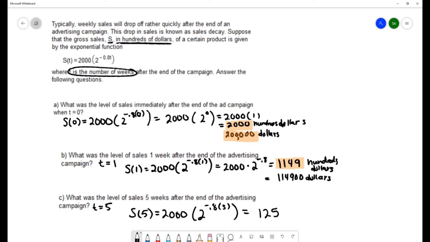So this is in hundreds of dollars. So we get $12,500 in sales after 5 weeks.